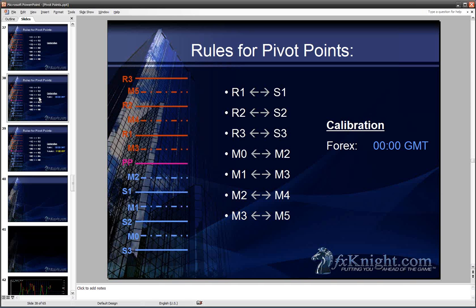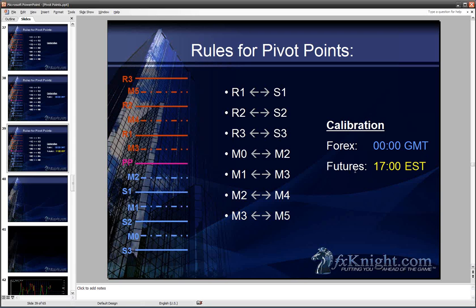And this is simple trial and error. New York traders will beat me up and yell at me and say, no, the end of the day is 5 p.m. Eastern Standard Time. Yes, if you're trading stocks on the New York Stock Exchange, because that's when it closes.